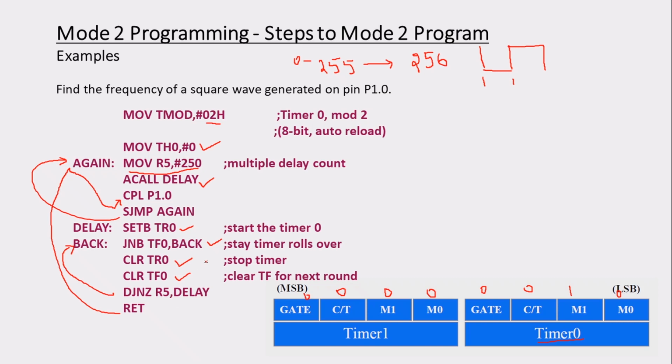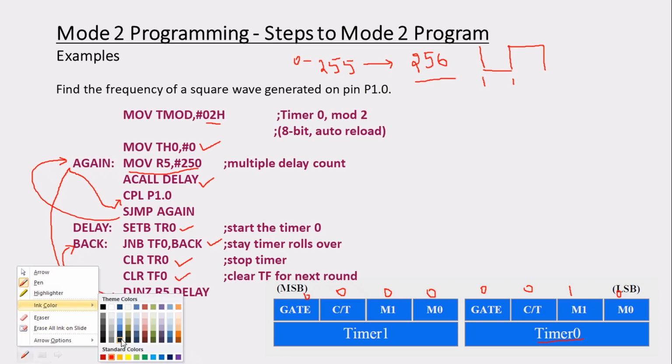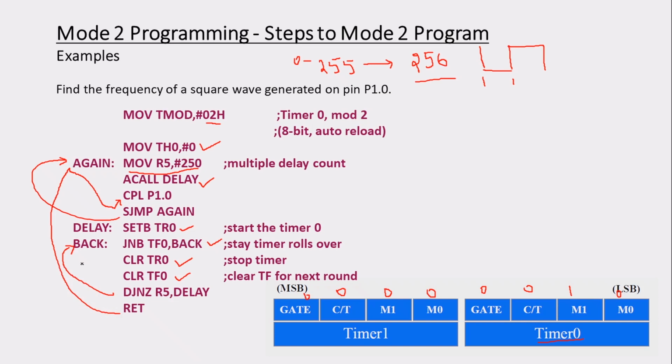Let us look into what actually is happening. As we know, since the value is 0, the timer is going to take 256 counts. But this loop is going to repeat 250 number of times, and this particular instruction is going to take 256 counts.